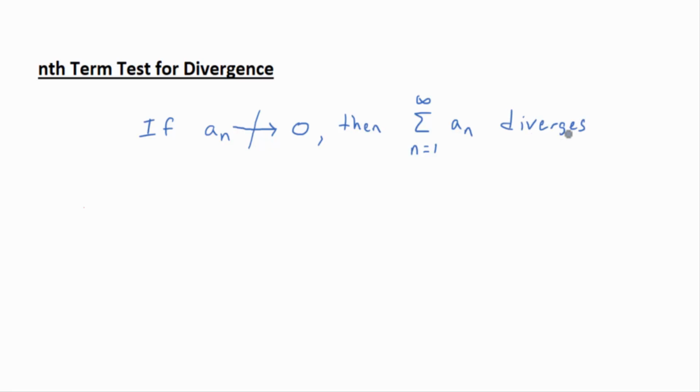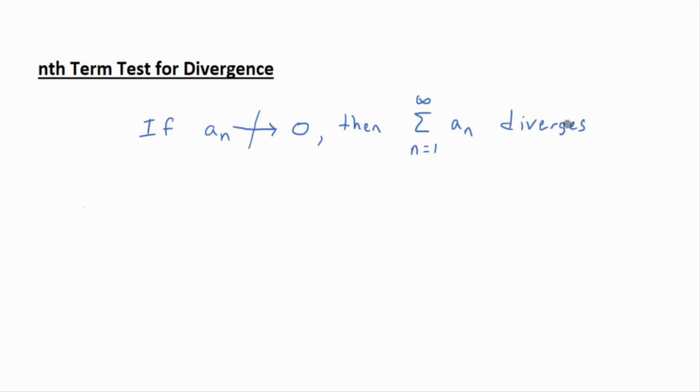That is logically equivalent to saying if the sum converges, then a sub n converges to 0. So this is your first test. It'll tell you whether or not a series diverges only. It won't tell you if it converges. So just because a n converges to 0 does not mean the series converges.